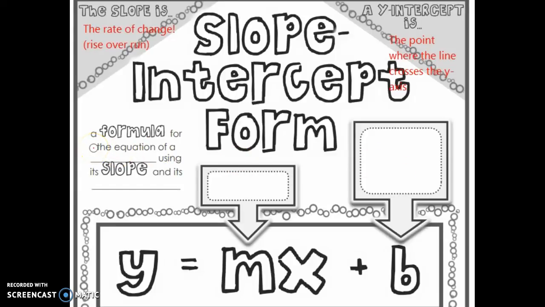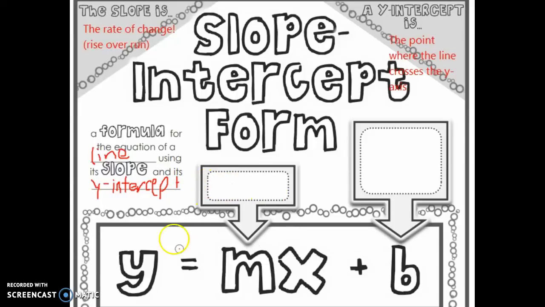So a formula for the equation of a line using its slope and its y-intercept. Now you've heard us talk about this a lot. The y-intercept is the point at which the line crosses the y-axis.